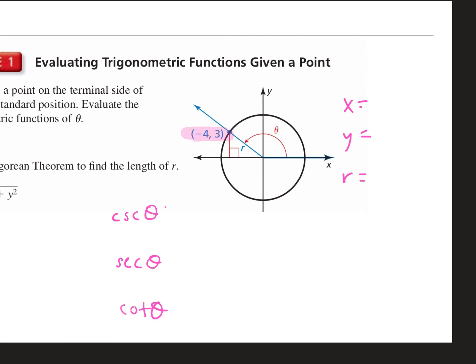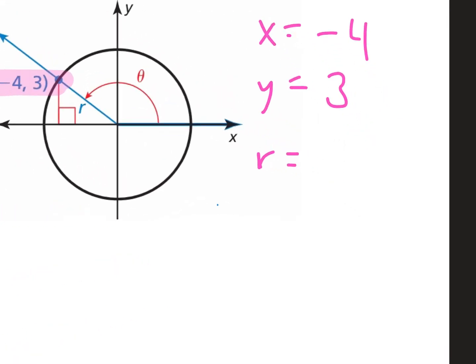So using this point, what's our x? -4. What's our y? 3. And then how can we find our r? Awesome. Pythagorean theorem. So -4 squared plus 3 squared is equal to r squared. What's negative 4 squared? 16.